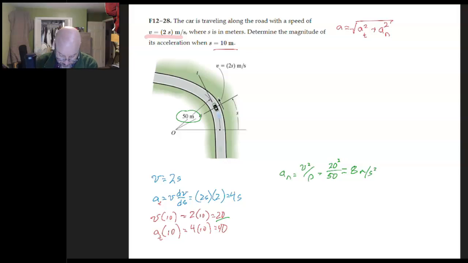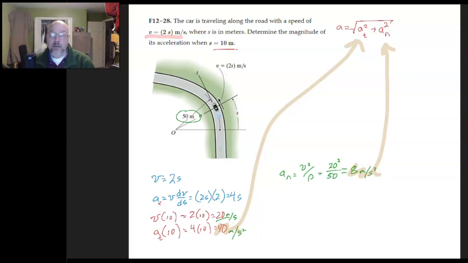So put some units on here: meters per second squared. There we go. So we've got a sub n to plug in and a sub t to plug in. Pretty straightforward.